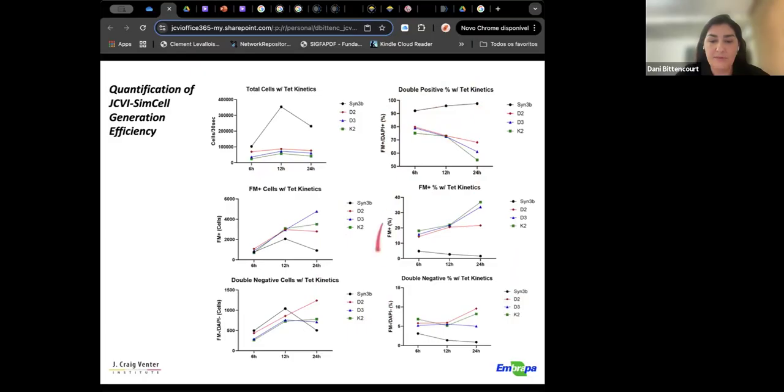But the opposite happened with the only FM positive cells, which increased up to 40%. Although this gave us some answers regarding the full genomic degradation, it didn't make us very happy because it seems that only 40% of our cells are actually turning into zombie cells.